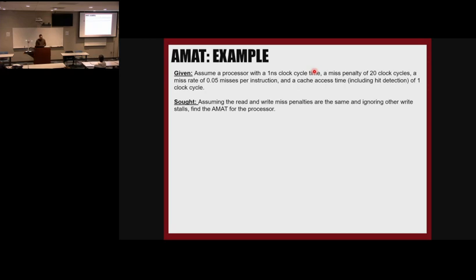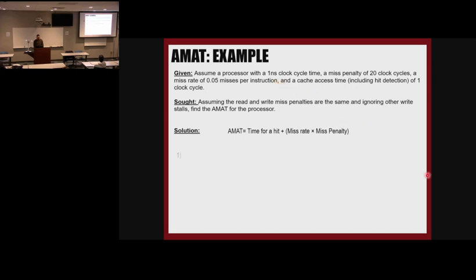So now we want to calculate AMAT for this one. AMAT is equal to time per hit plus miss rate multiplied by miss penalty. Miss rate we already know is 0.05. Miss penalty is already mentioned here, 20 clock cycles, and the time for a hit is 1 clock cycle or 1 nanosecond.